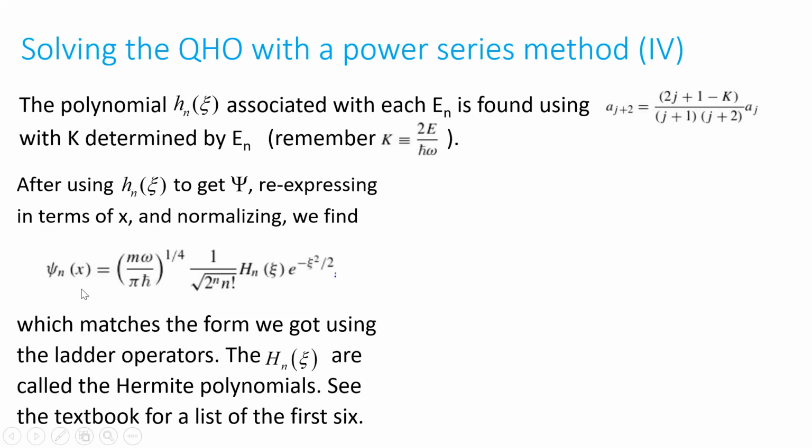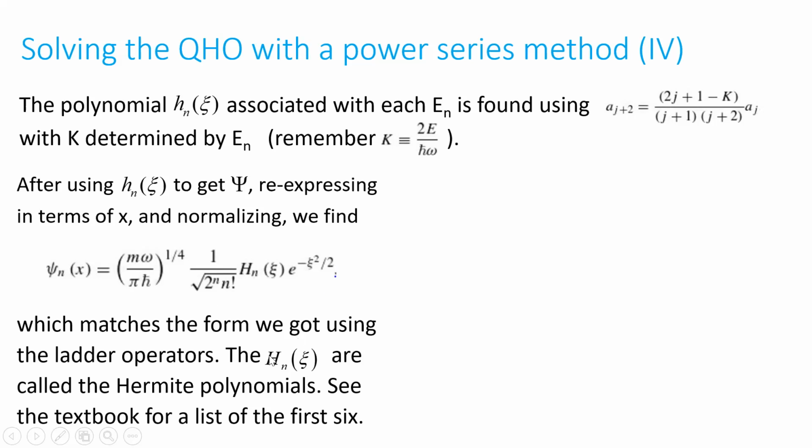We had this same (m omega over pi h bar) to the 1/4 out in front. We had the 1 over square root of n factorial. We had a polynomial in x, and we had e to the minus something with x squared over 2, which is what we get when we expand this psi out in terms of x.